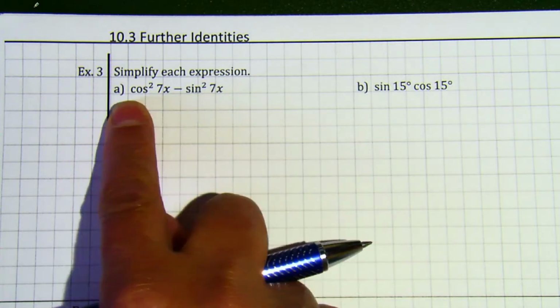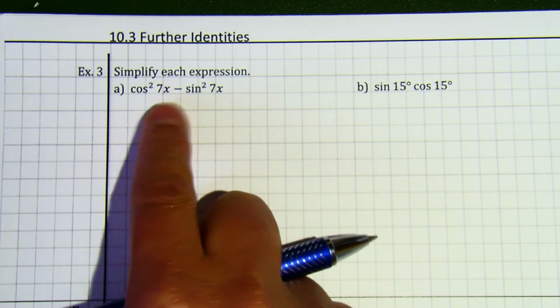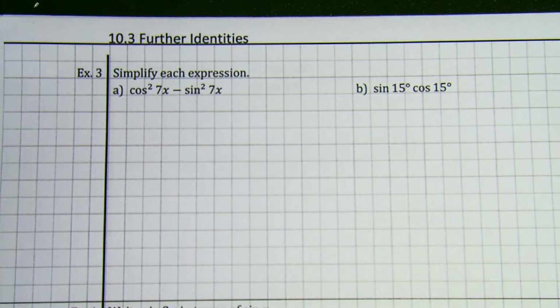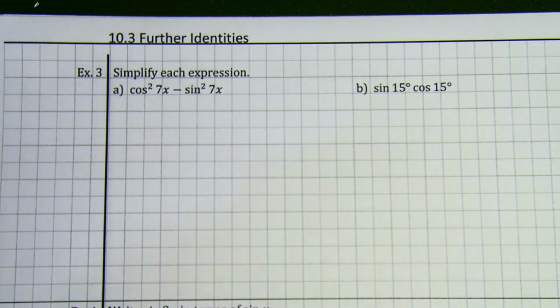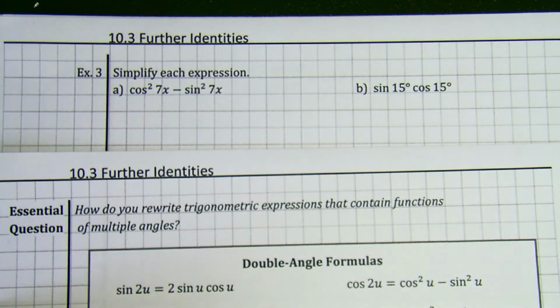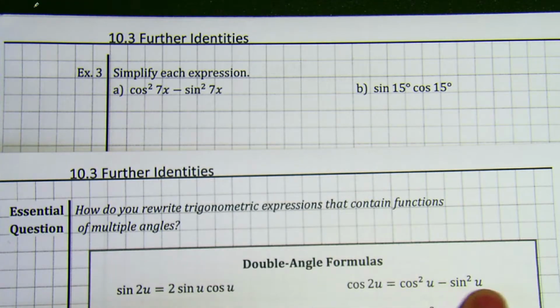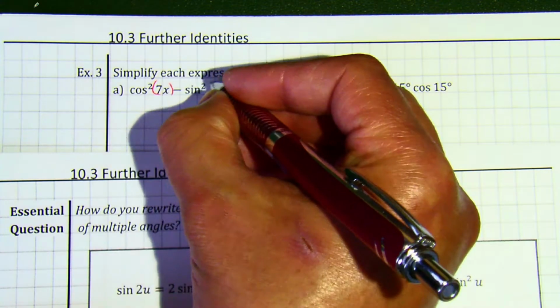So I need to simplify the following expression. The first time that you see it, it's like, okay, what am I supposed to do here? But if you go back to the formula that we have, cosine squared minus sine squared, you start to identify that as cosine of 2u. Well, in this case, what is the value of u? u will be 7x.